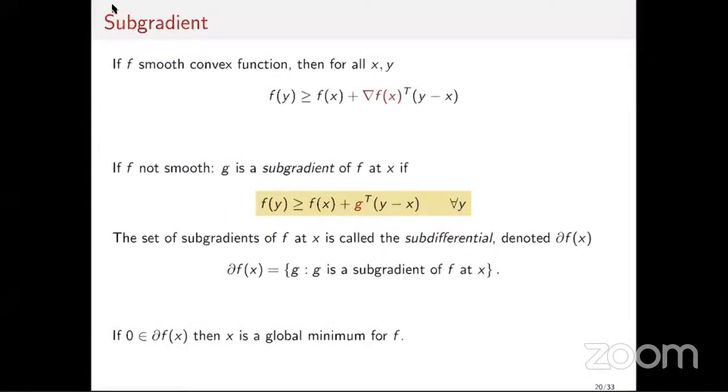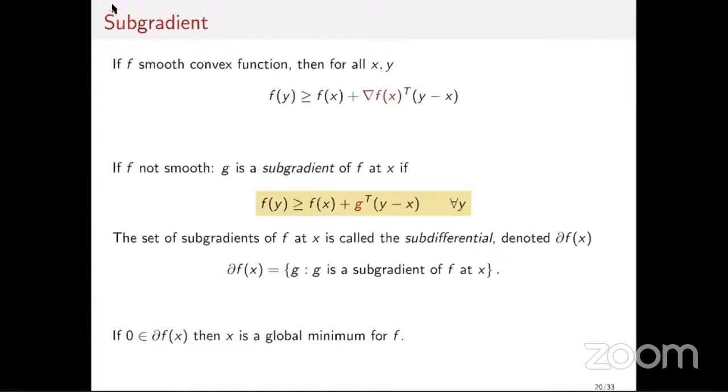So we've seen that if f is a smooth convex function, so if it's continuously differentiable, then the gradient allows us to get a global lower bound on the function f. At any point x, I can construct a global lower bound on my function by looking at the first order Taylor approximation.